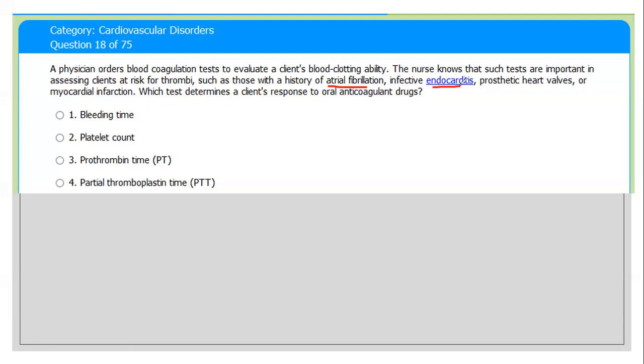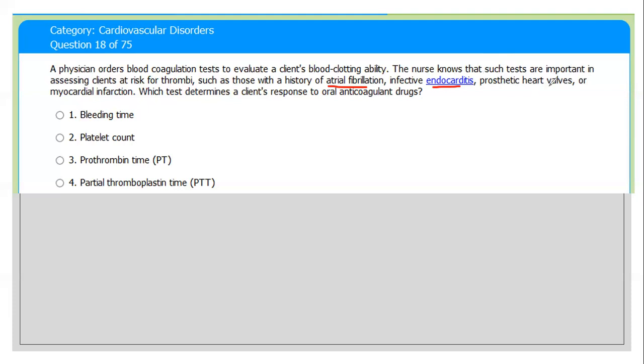It is very important to know, at least the basics, right? Atrial fibrillation is basically a disease of the heart characterized by irregular and often faster heartbeat. And infective endocarditis means inflammation of the inner lining of the heart chambers or valves, usually caused by bacterial infection, right?